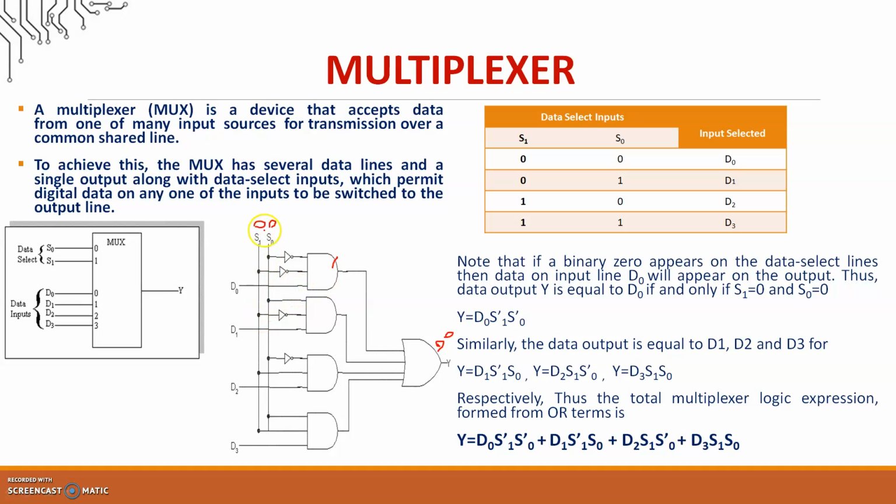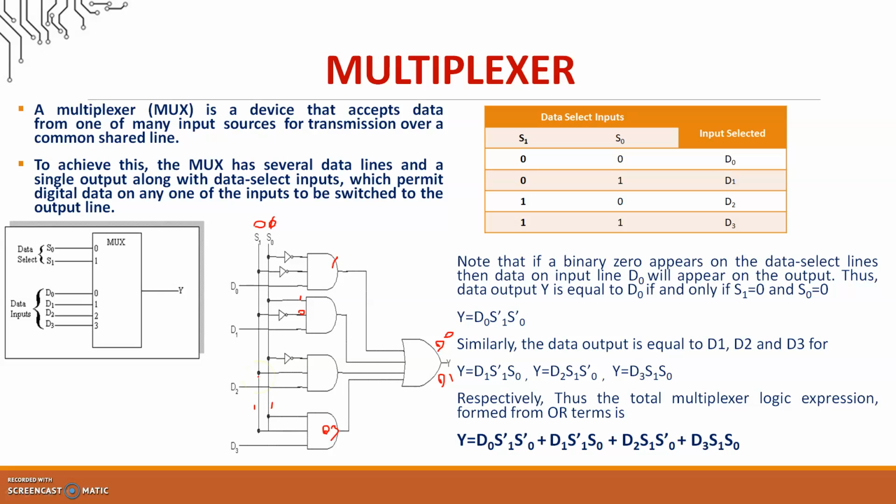So here the enable value will be 1, and if the select is 0, 1, the output will be D1. If there is 1, 0, the output will be D2. If there is 1, 1, the output will be D3, because both the inputs are 1.